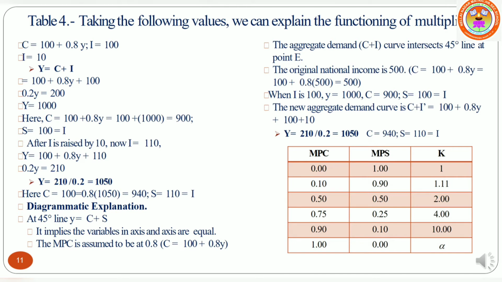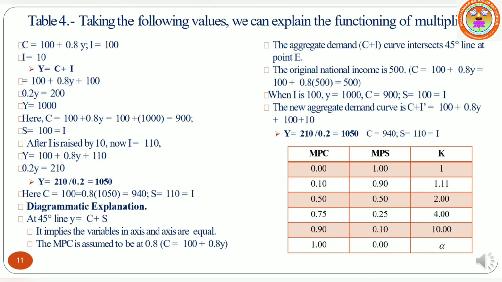Diagrammatic explanation. At the 45-degree line, Y equals C plus S. It implies the variables on the x-axis and y-axis are equal. The MPC is assumed to be 0.8. C equals 100 plus 0.8y.